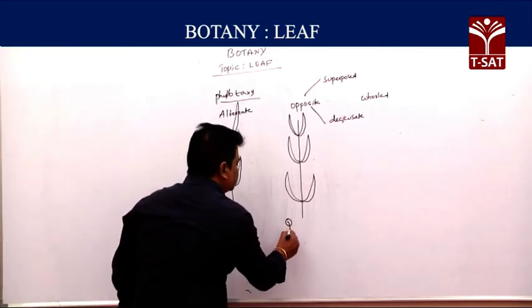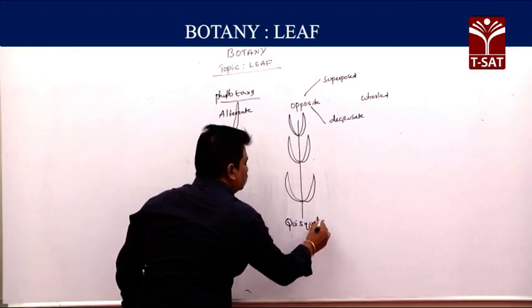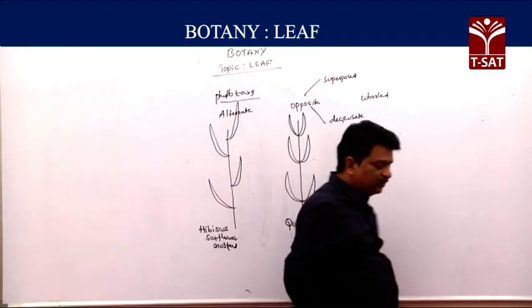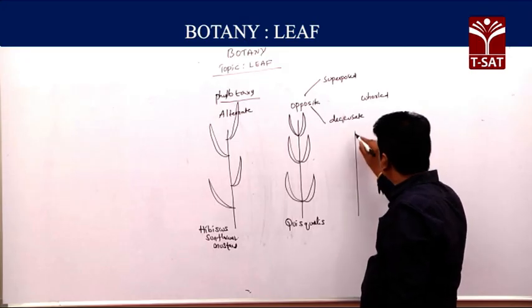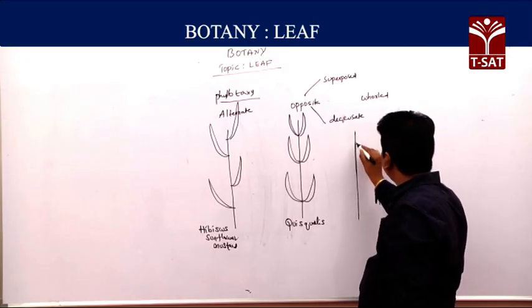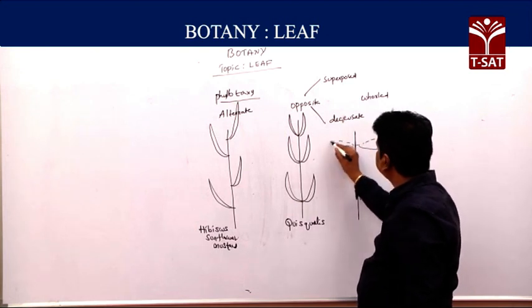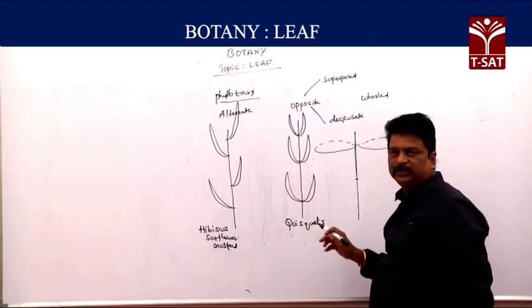Example for opposite superposed, quisqualis. Common name is Rangoon creeper. And second one, opposite decussate. In opposite decussate, the leaves present at one node and the leaves present at the next node are at right angles to each other.